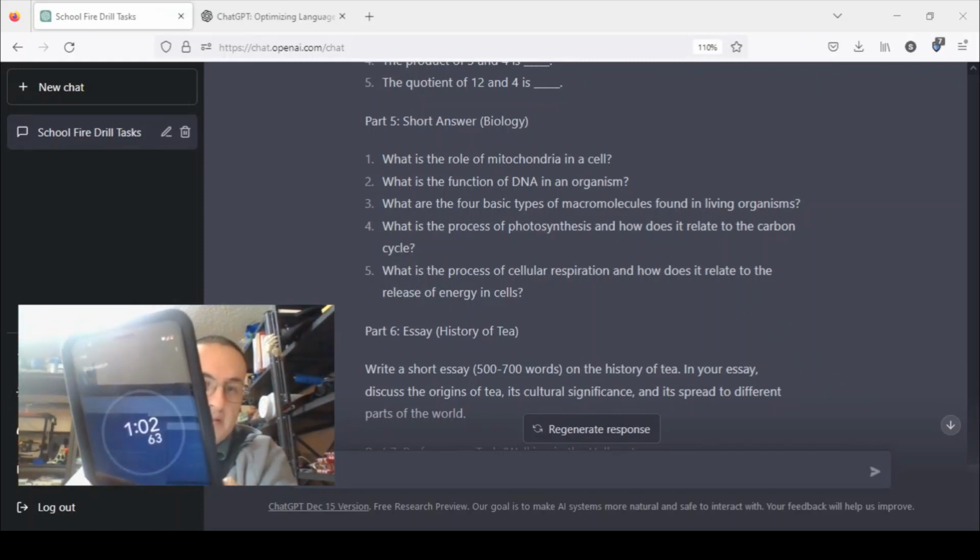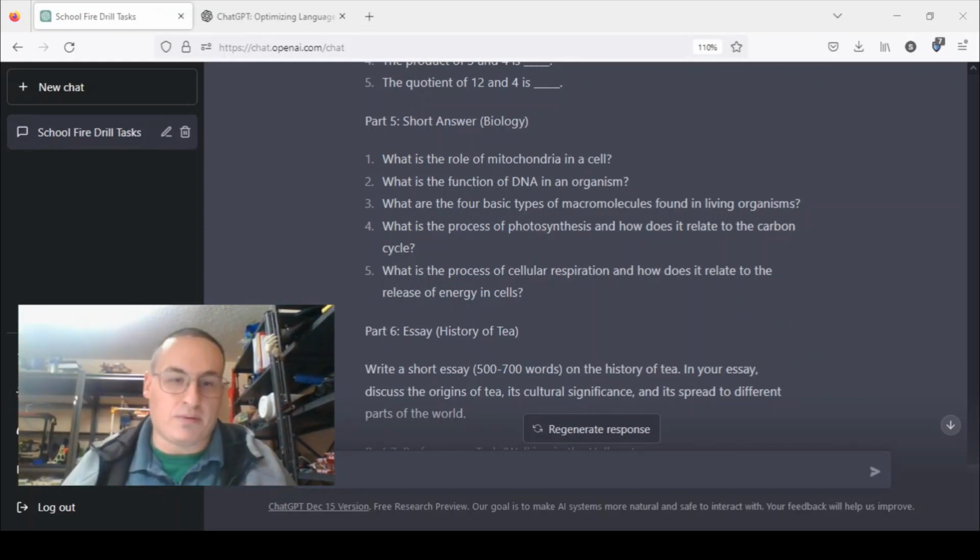So that took a minute and 2 seconds to write. However, it did not produce the answer key this time. And so I'll just have to write in the answer key.